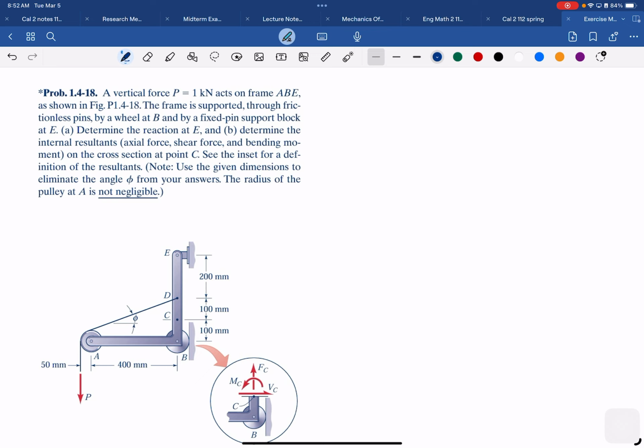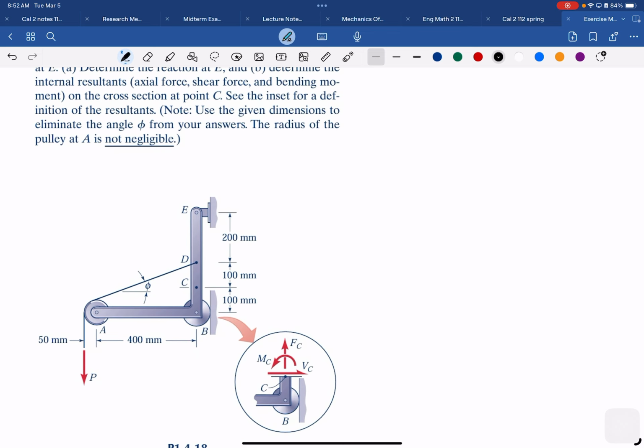We can start to, first is to draw. Let me check, is it the same question that we did? Okay, now I will try my best to draw here. So this will be the frame.